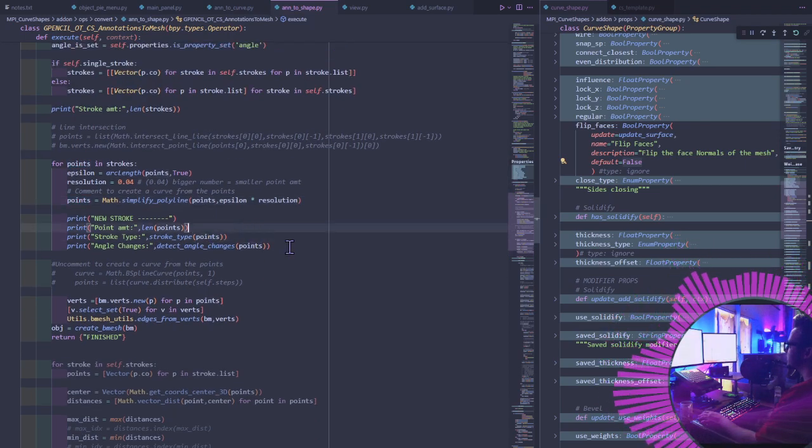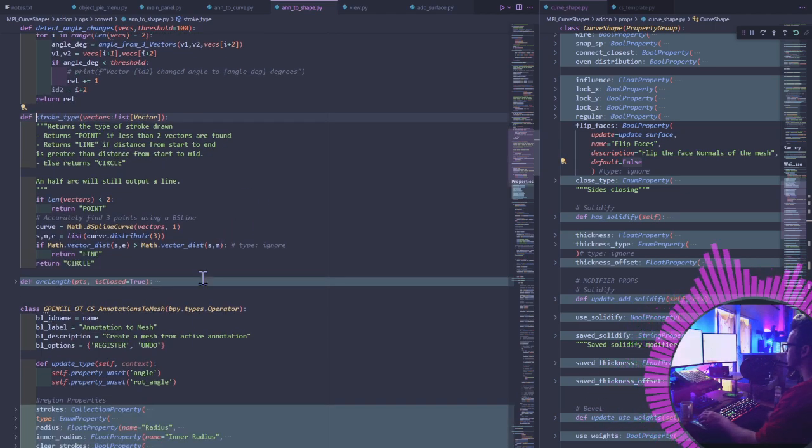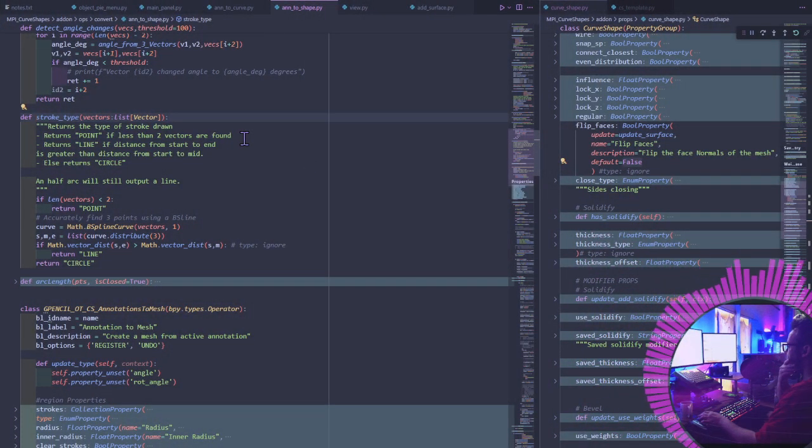Then in here, I look at how many points we got, and I try to determine the stroke type. This stroke type, I wrote it, it's very rudimentary. All it does is return a point if there are fewer than 2 vectors found. From that function we were looking at, it's going to give me just a few vectors. A line usually gives you 2 vectors, one start and one end.